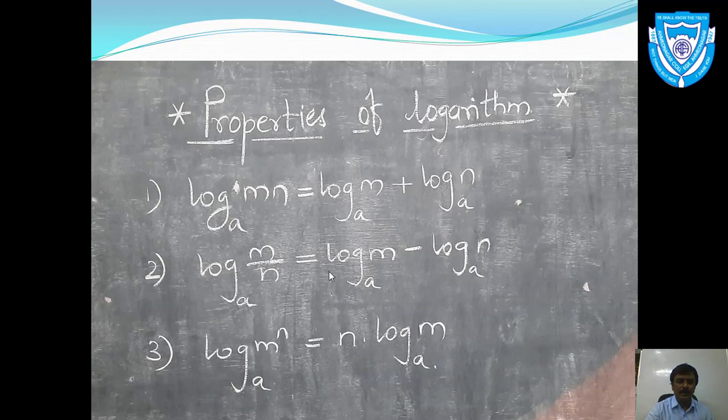The second property is log of m upon n to the base a is equal to log m minus log n to the base a. And the third and last property is log of m raised to n to the base a is equal to n log m to the base a. So all these three properties are very useful to simplify the given function if it is complicated, if it is made up of two or more functions.